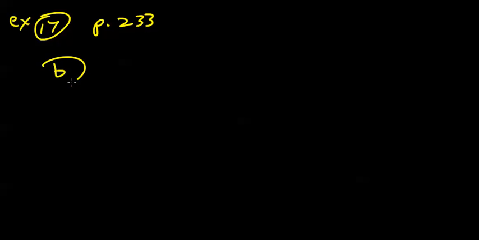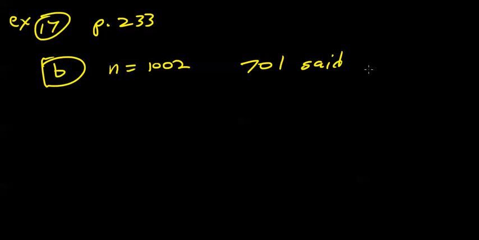Again, this is the same exercise, exercise 17 on page 233, part B. Well, let's take a minute to read that. In the survey of 1,002 people, 701 said they voted. Wait a minute. 701 people said they voted.